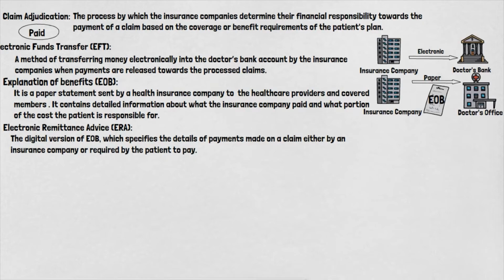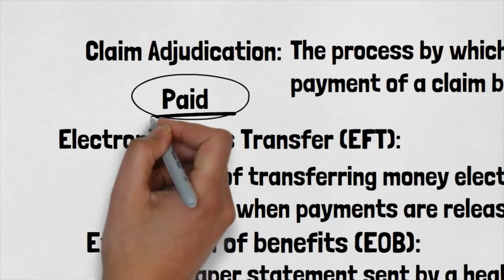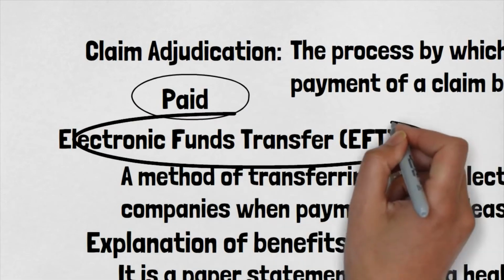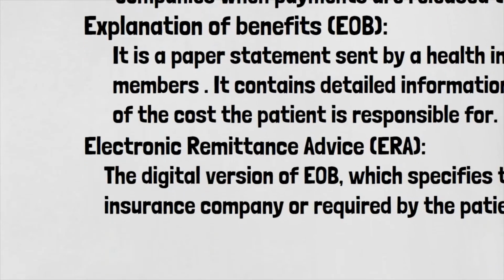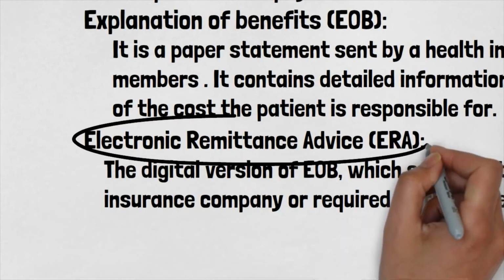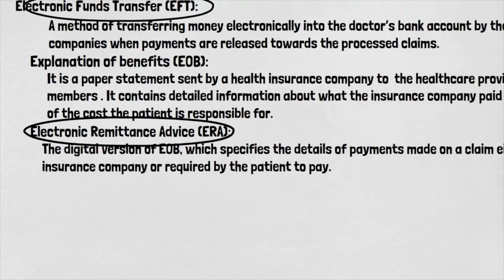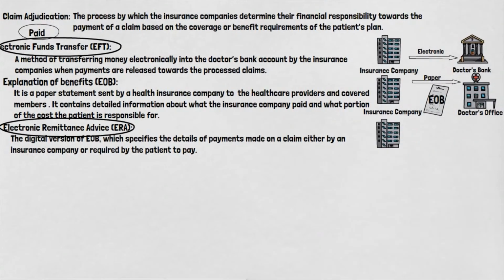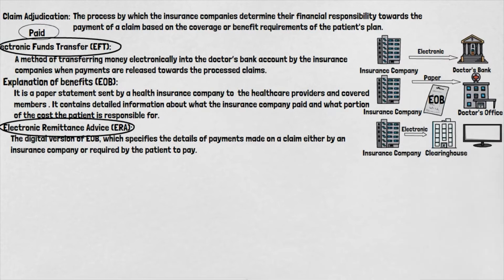So basically it is an electronic document similar to that of an EOB, which contains details like how the claim was processed and how much the insurance paid and how much the patient must pay towards the patient cost share. Now both EFT and ERA details can be obtained from the clearinghouse website.